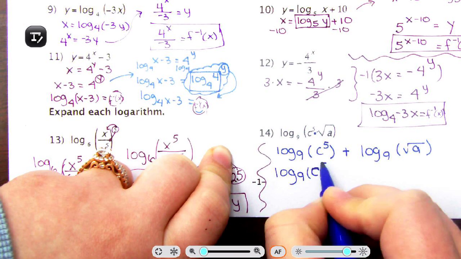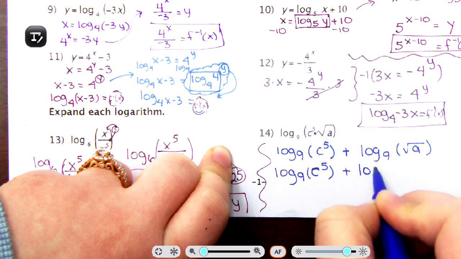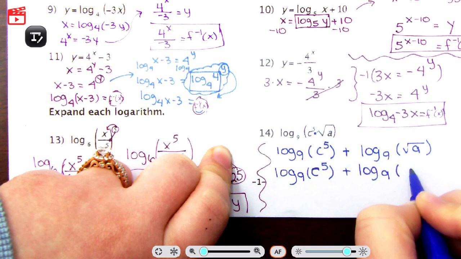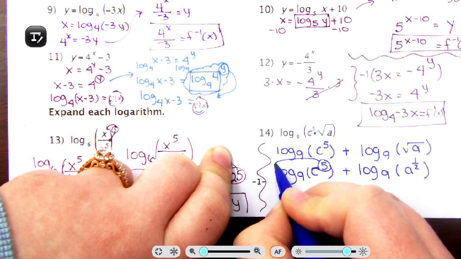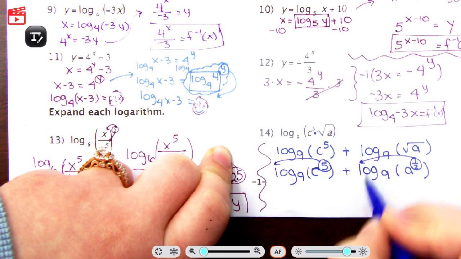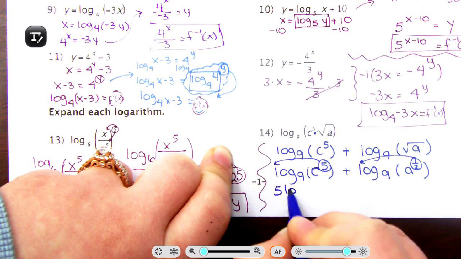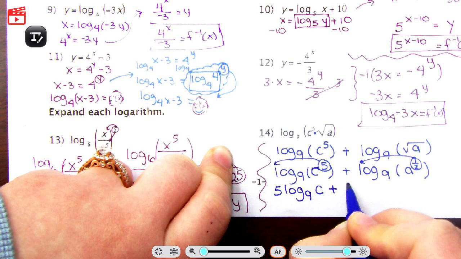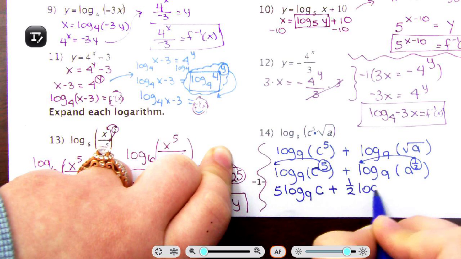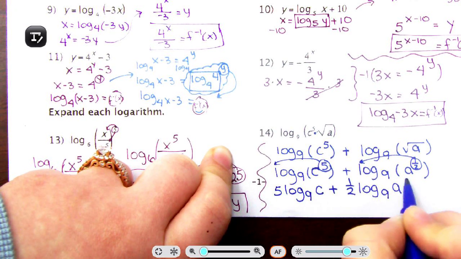This is c to the 5th power plus log base 9 of a to the 1/2 power. Take your exponents, bring them out in front. You have 5 times log base 9 of c plus 1/2 log base 9 of a.